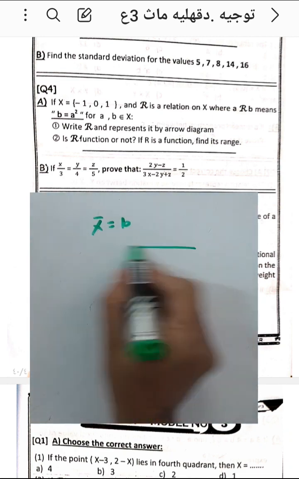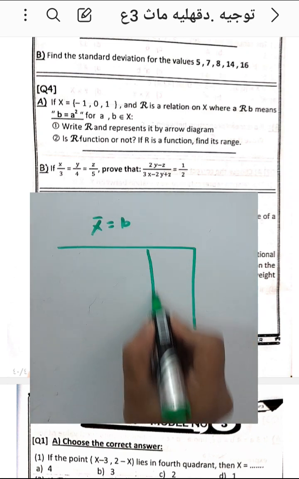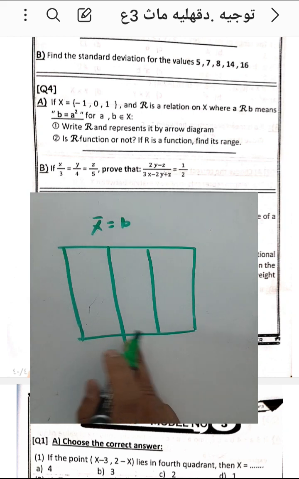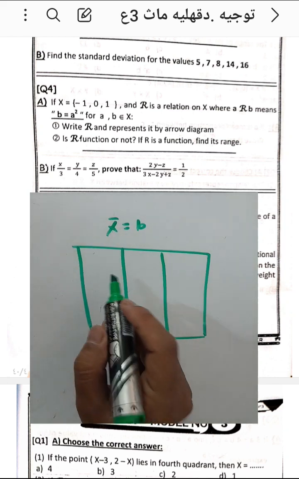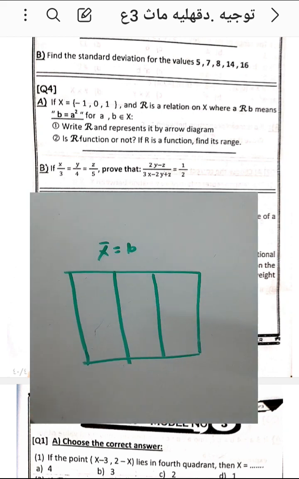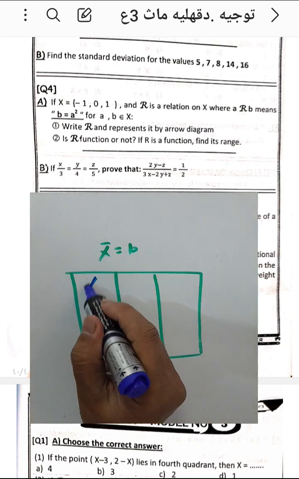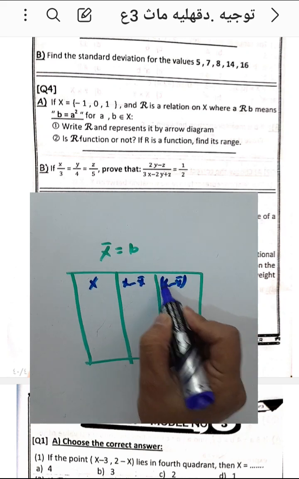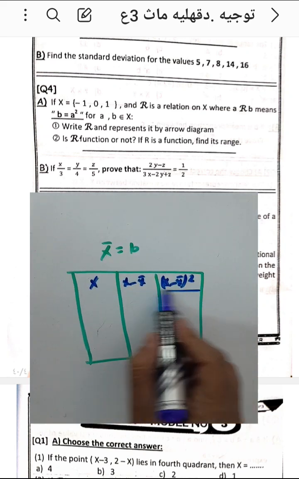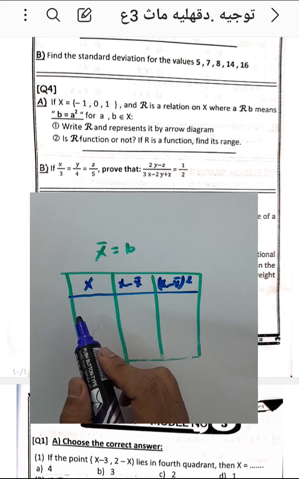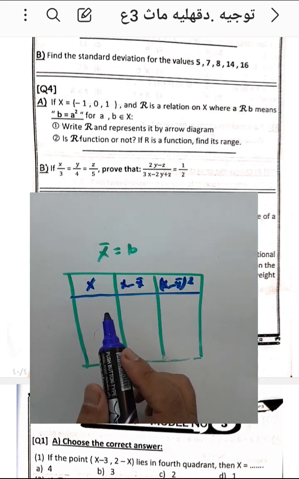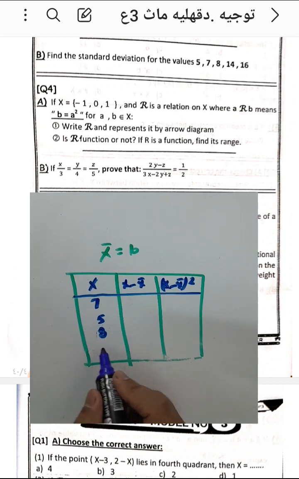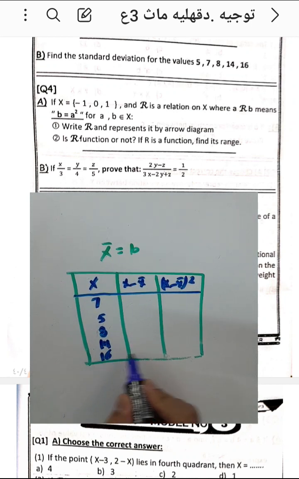Okay. Next step, we must draw a table containing 3 columns, and write here x, x subtract x bar, and x subtract x bar to the power 2. Write the values here. We have 5, 7, 8, 14, 16.